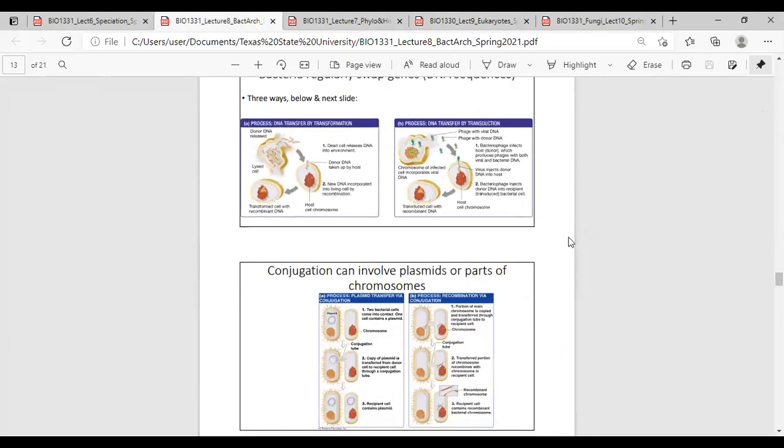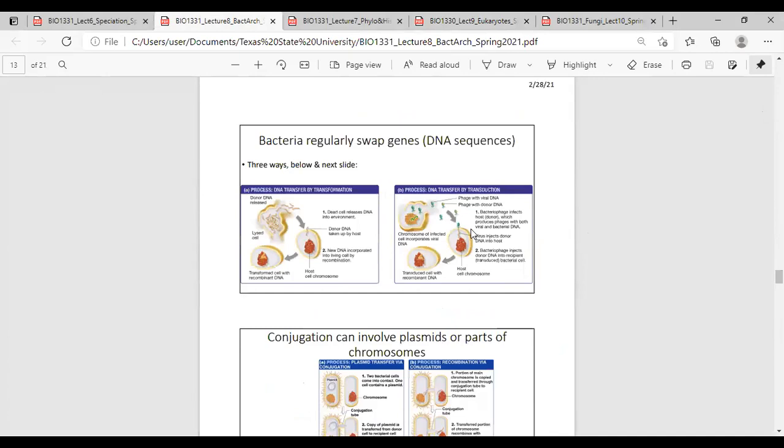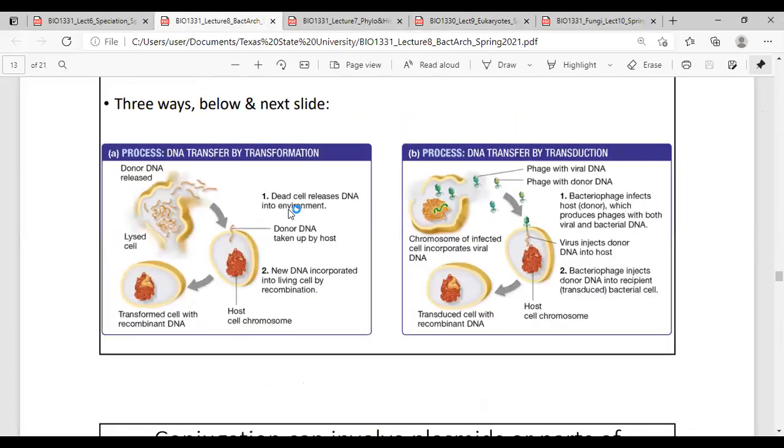Okay, so these are important slides to be familiar with too. These are how you have transfer of DNA. This one's really important: you have the cell that dies and it releases its DNA into the environment. Another cell, or another organism, comes and picks up that DNA from the donor.